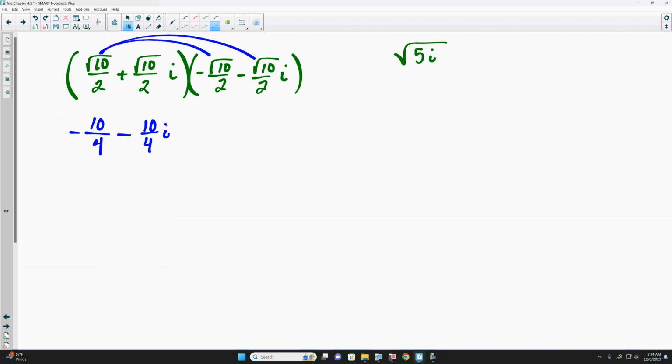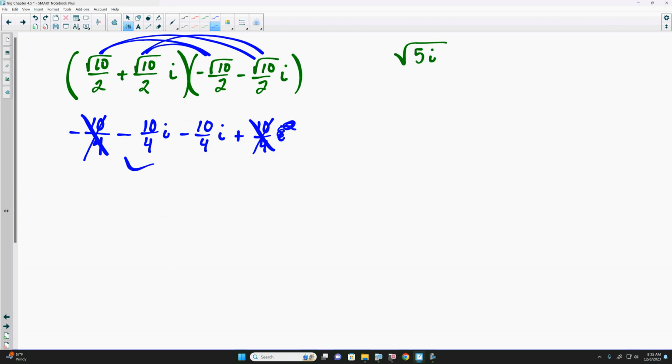Square root of 10 over 2i times negative is going to give us the same thing. And lastly, positive square root of 10 over 2i times negative square root of 10 over 2i is going to be negative 10 over 4i squared. And as we've seen already, i squared is negative 1, which is going to change that from a negative to positive 10 fourths. Negative 10 fourths plus positive 10 fourths is 0.